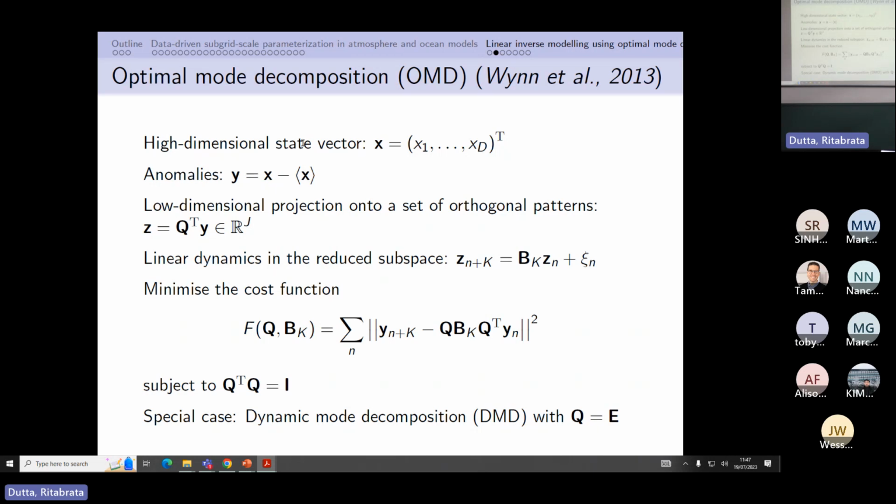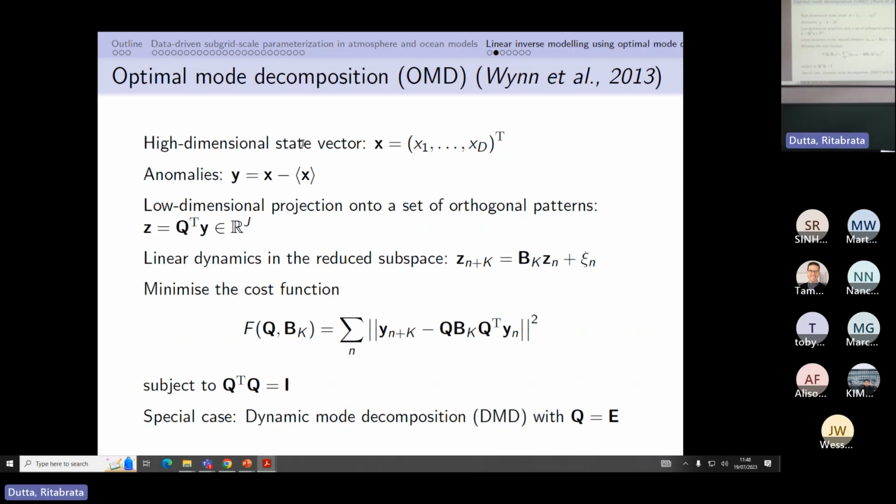So we start with dimension D. The reduced model only has dimension J. So we project the state on these Q patterns. And then we just have a linear dynamics in the reduced subspace. So it's just an AR1 process, a multivariate AR1 process over time steps k, say, discrete process over k time steps. So Z(n+k) is just a matrix, an operator, plus this Gaussian noise term.